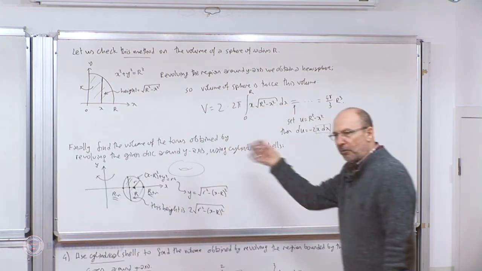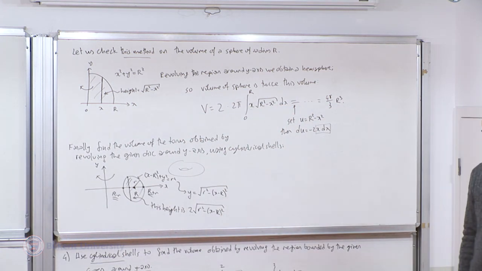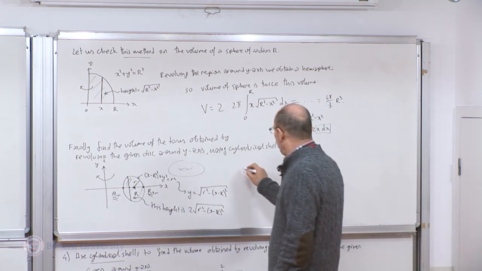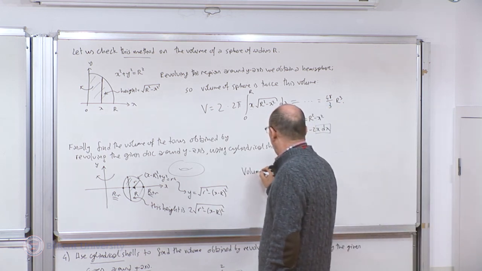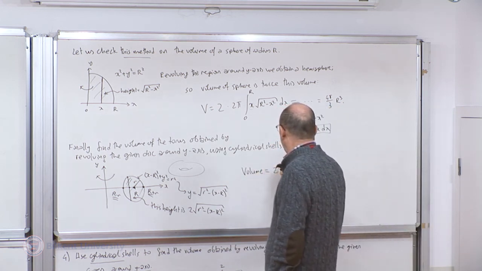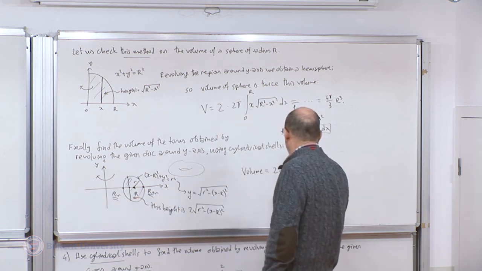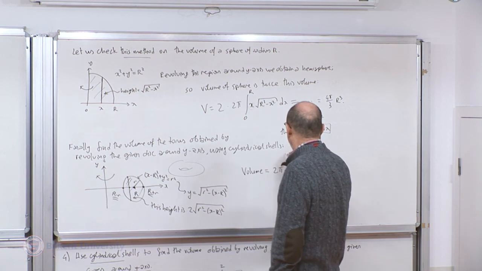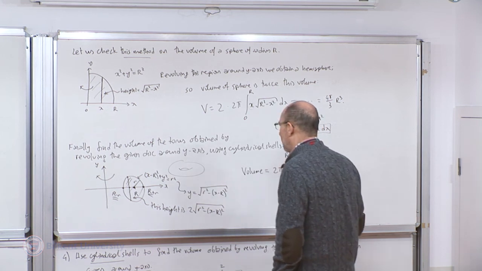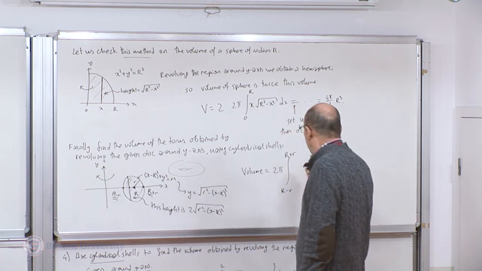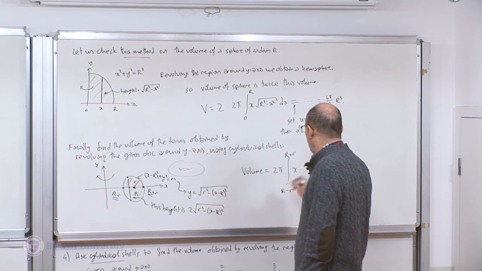Okay, so all the problem is now solved on the figure. So the volume by cylindrical shells is 2 pi integral from R minus r to R plus r. I multiply x times height.